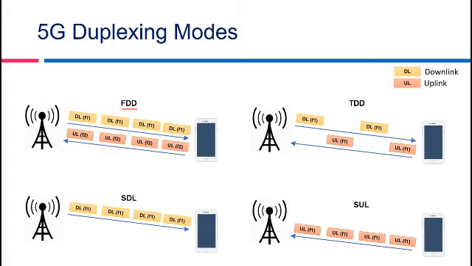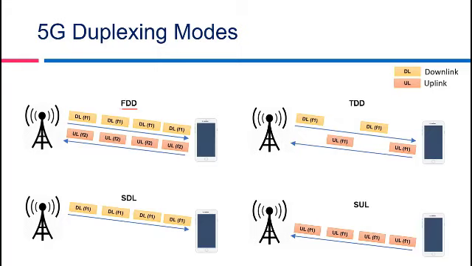In this picture, we can see there are some downlink transmissions and some uplink transmissions. The downlink transmission, noted by DL, happens on the F1 frequency, and the uplink transmission happens on the F2 frequency.